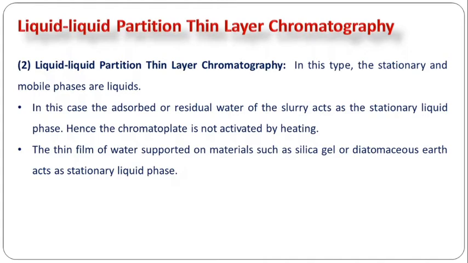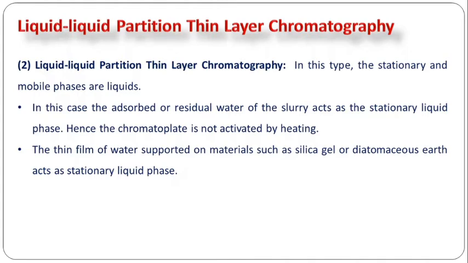Silica gel, the solid inert supportive material, acts as an inert solid support for the liquid stationary phase. So silica gel is not the stationary phase in liquid partition TLC.